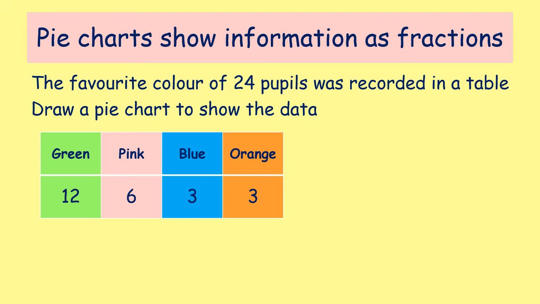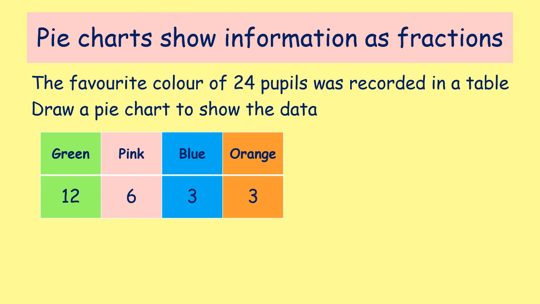So 24 pupils were asked what their favourite colour was, and the results are in this table, and we've been asked to turn that information into a pie chart. So 12 of the 24 pupils said that green was their favourite colour, 6 said that pink was their favourite colour, 3 said blue, and 3 said orange.